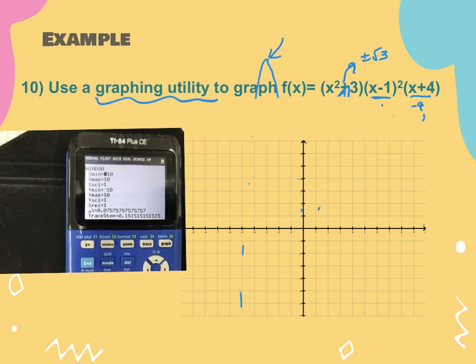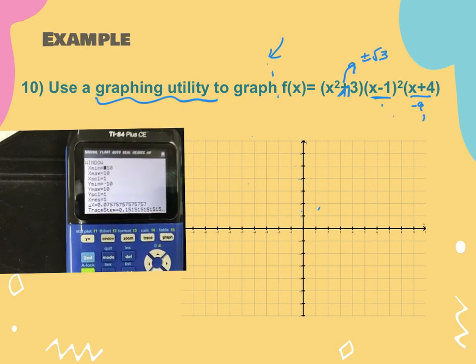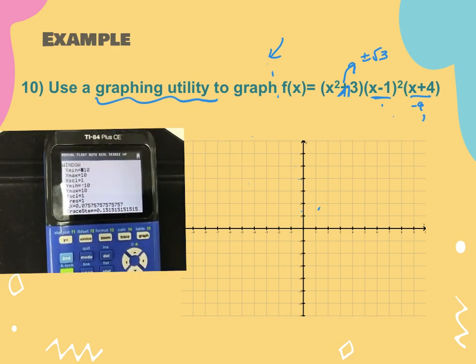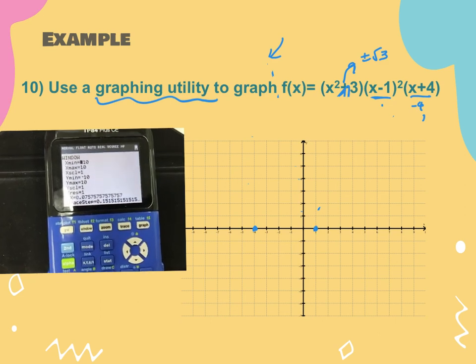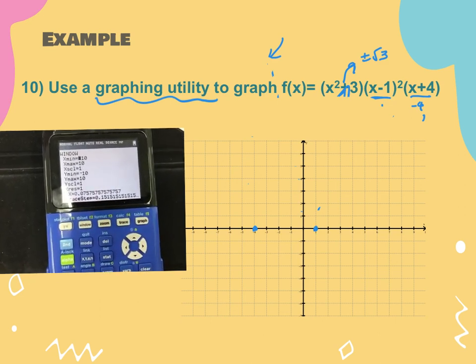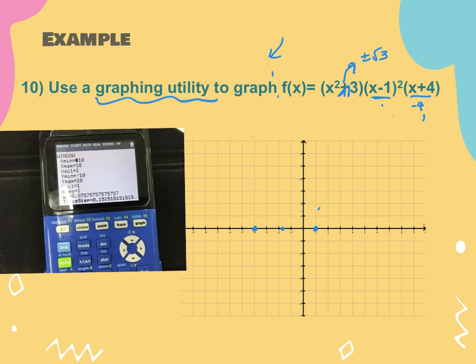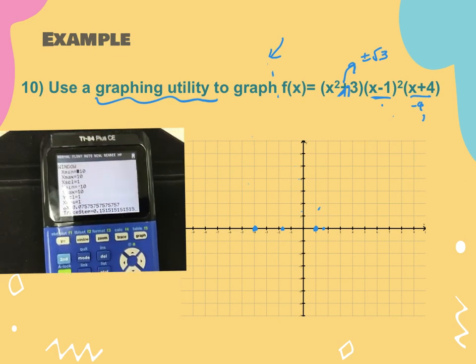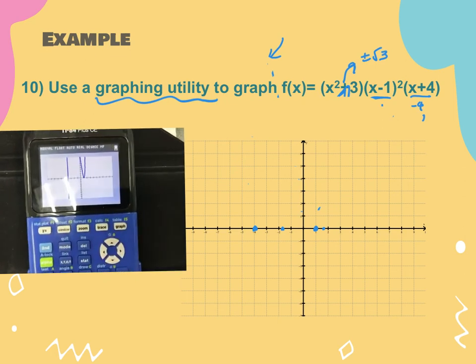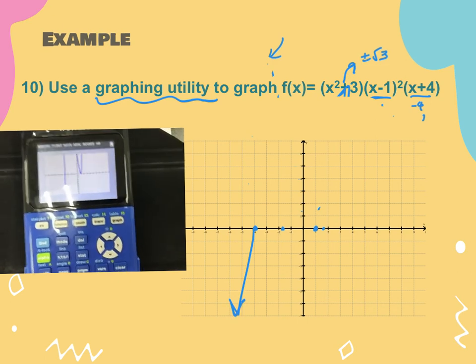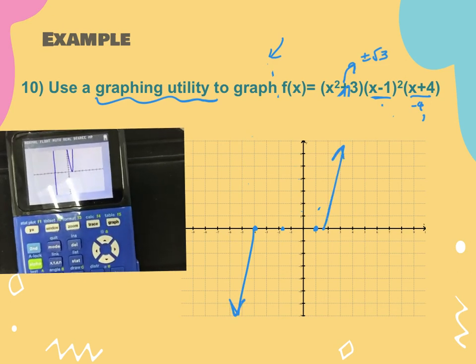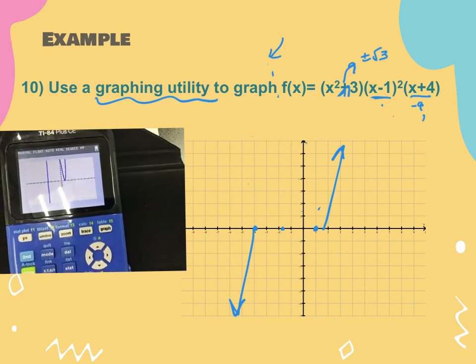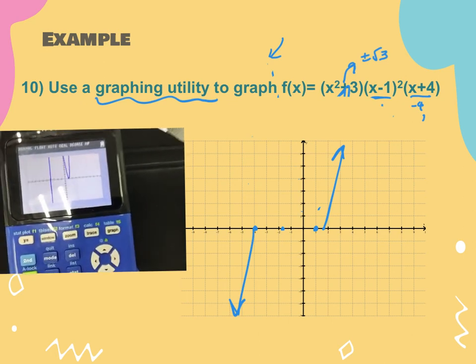So if I know that, and based on what I also know about my graph, I would know I have a coordinate point at negative 4, 1 at positive 1, and then root 3 is like 1.7. So that makes sense with what my graph is doing. It's arrow down on this side, arrow up on this side. It crosses through. Wait, just kidding.